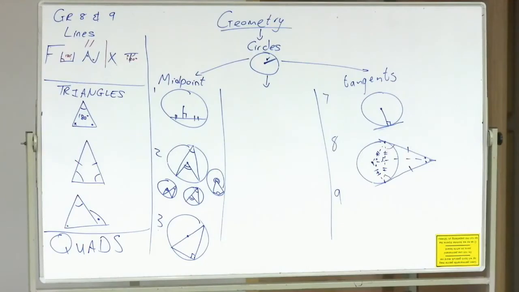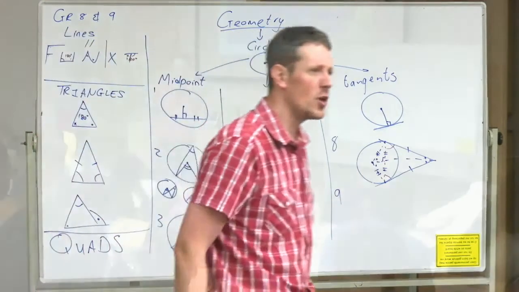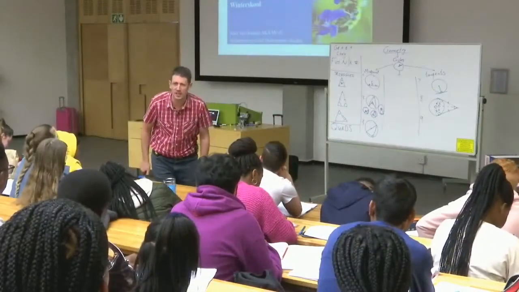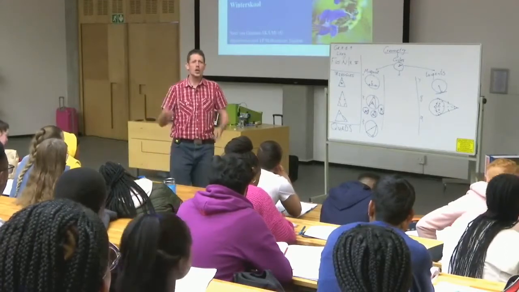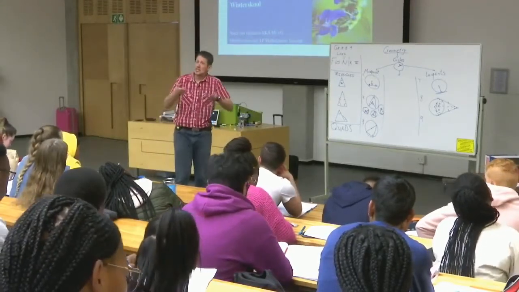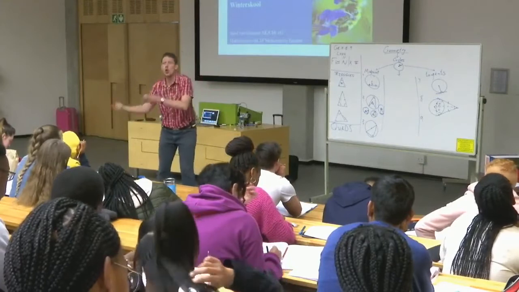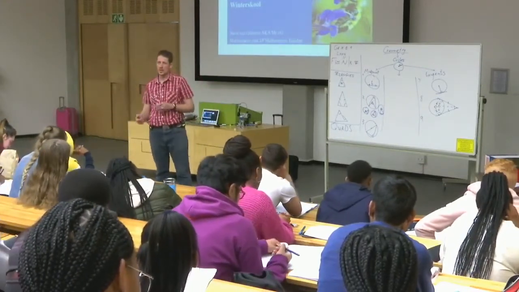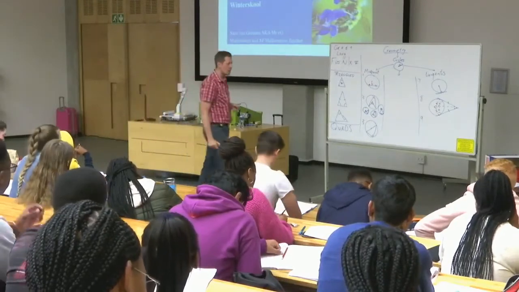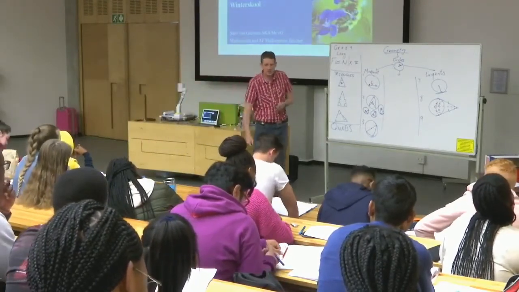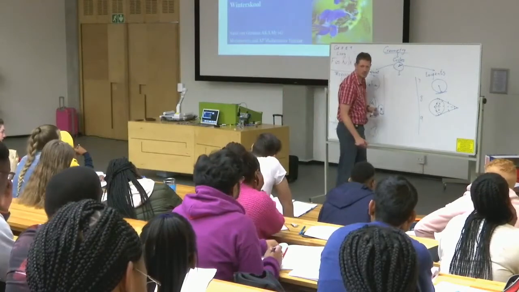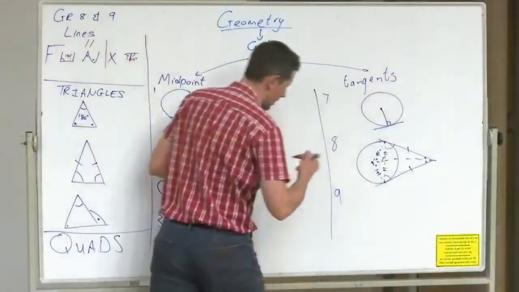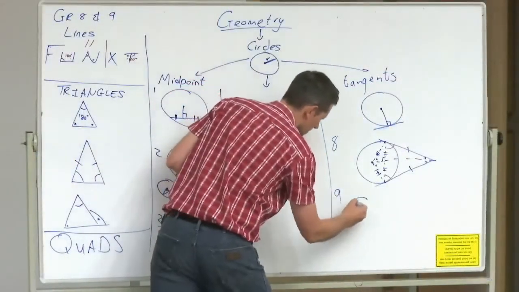You cannot go and just say, oh, those things are equal, it's properties of a kite, if you haven't told the examiner that it is a kite. You have to first state, this thing is a kite because these two sides are equal and those two sides are equal. Please don't go and walk the road of assumption. Okay, I'm not going to finish that sentence.